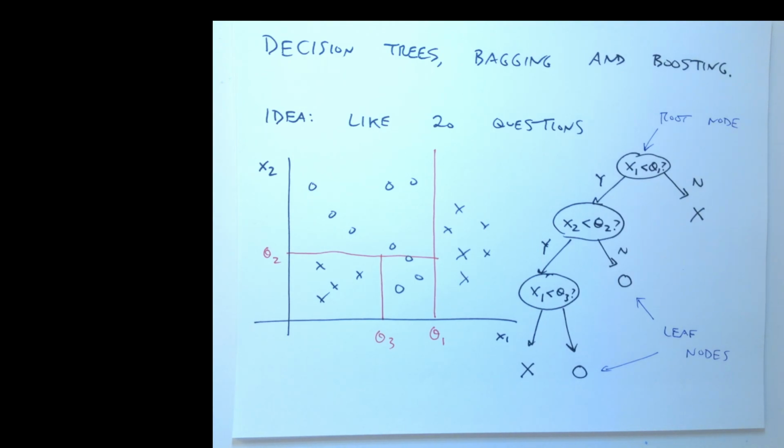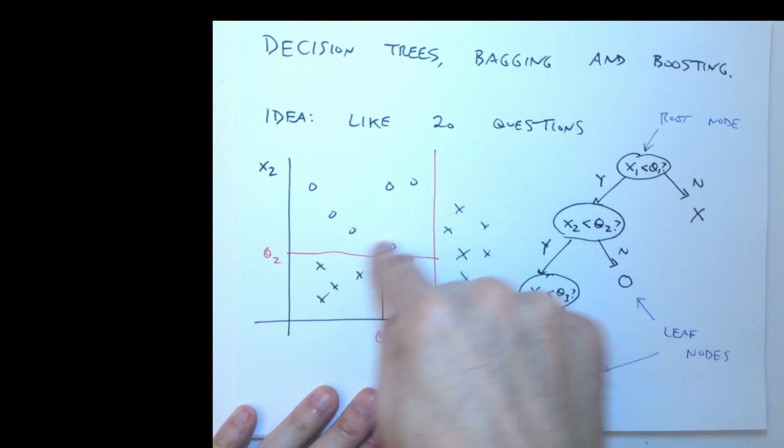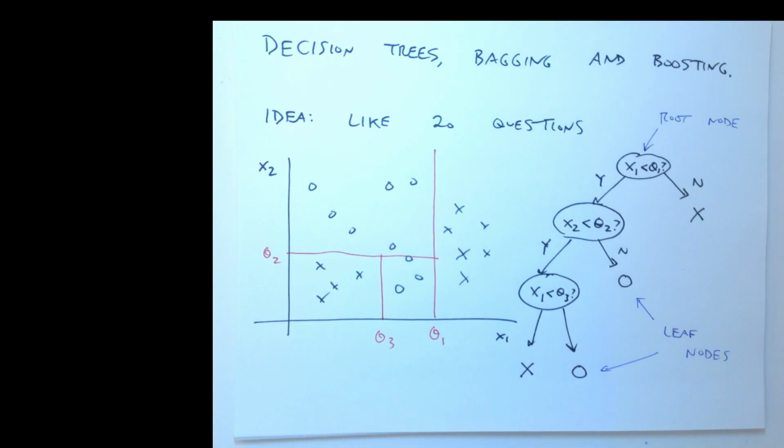Now, the way I've drawn this is a classification problem, meaning that we're looking at binary x's and o's. It doesn't have to be binary. It could be multiple classes, right? And this could also apply to regression, even though I'm not going to really talk about regression today. One way you could think about this is that I keep doing this, and in every box I have a different regression model that I train, so that I'm having an individual decision that gives me a continuous-valued number inside every one of the boxes.